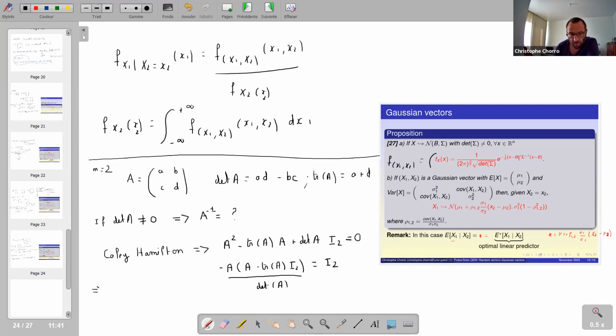From this relation I can deduce A minus 1: the inverse of A in this situation is given by the trace of A times the identity of size 2, minus A, over the determinant of A. It allows you, in the case where n is equal to 2, to obtain very simply the inverse of a matrix from this relation.